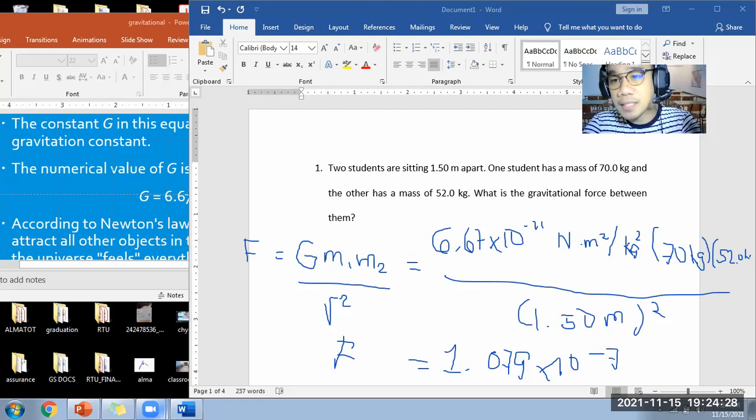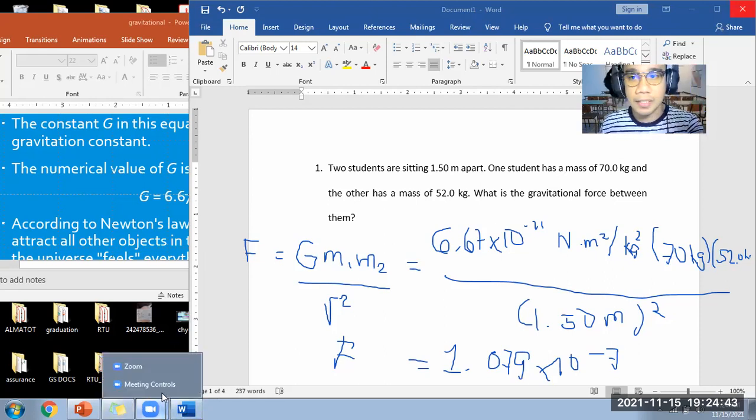So may function naman sa calculator na exponent. So gagawin nyo lang 6.67 times, pipindutin nyo lang yung exponent function kung meron dyan sa ano nyo. Kasi makita sa screen. Wait lang.